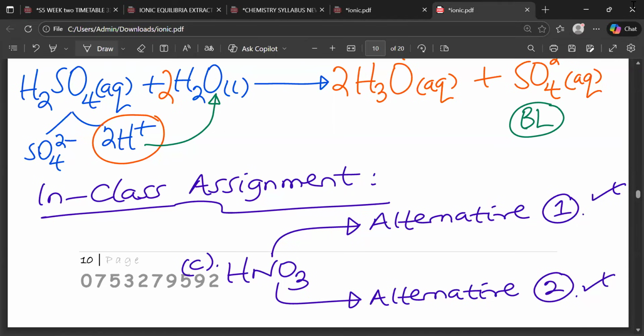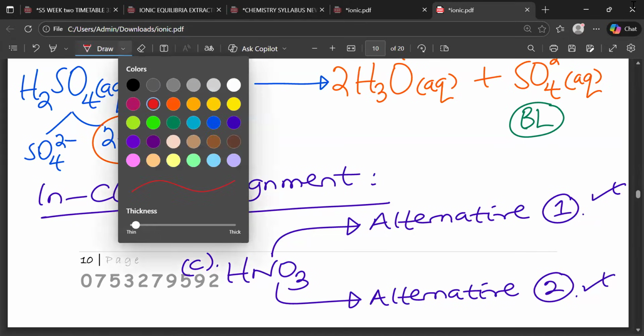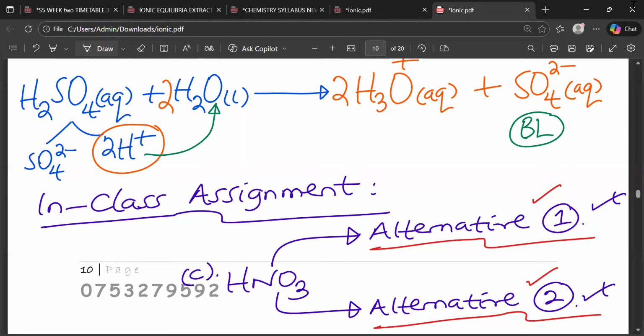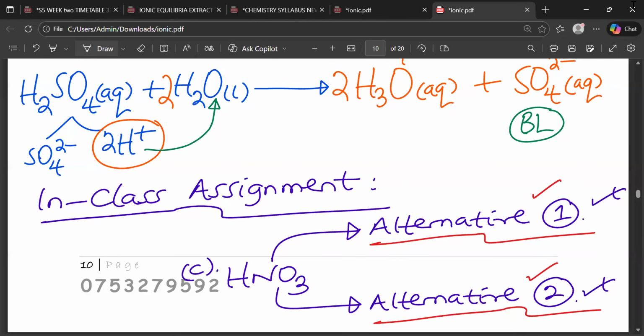Either you raise up your hand and spell the equation of alternative 1, and you also spell that of alternative 2, and we go to the next thing. Or you write it on paper and send the images. I just want to see 2 images only, because I want us to go to weak ones.